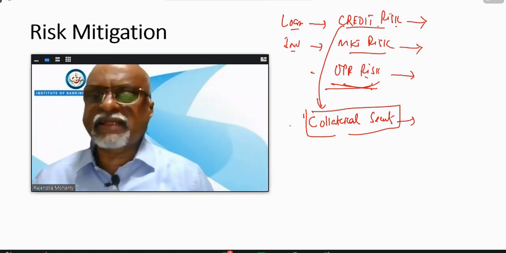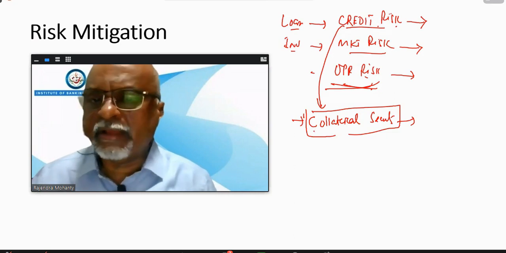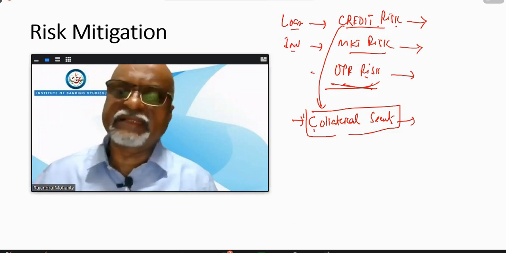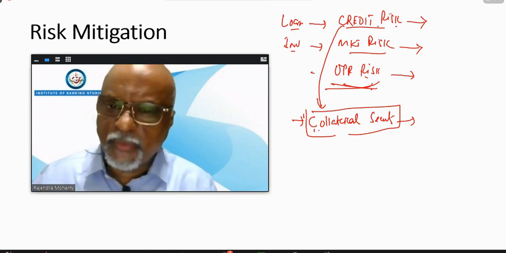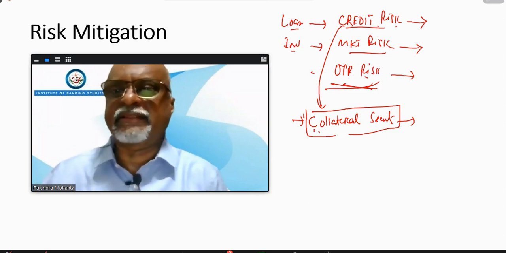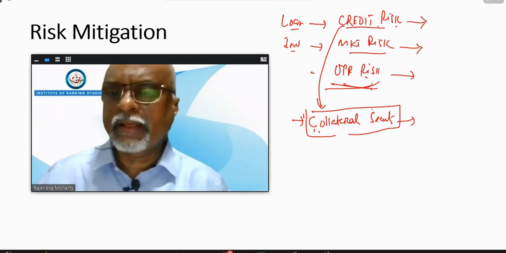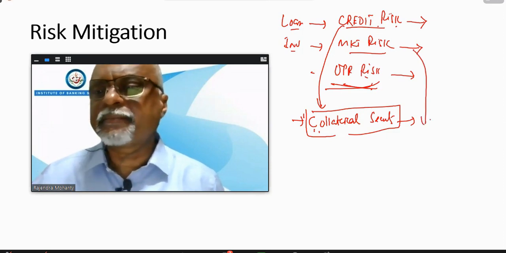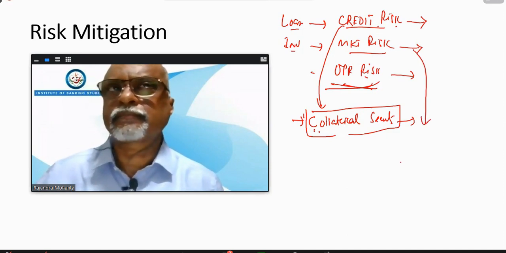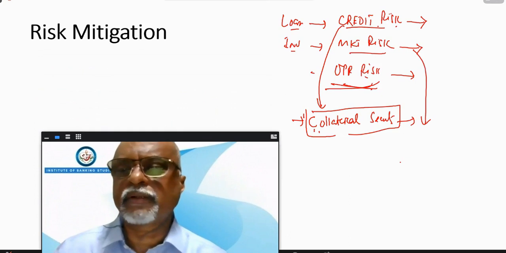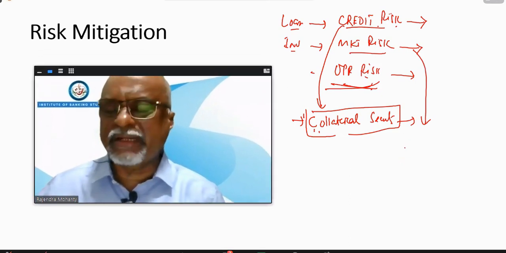If it is fully covered, then you can say that we are risk-free. If the collateral security is more than the loan amount, we can say that risk is almost nil. So to the extent of collateral security available against any loan, we may have managed to mitigate the credit risk.